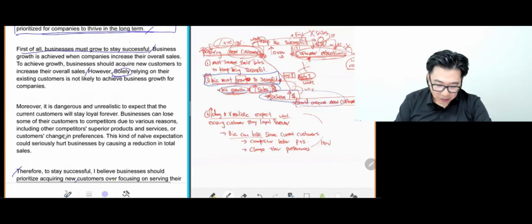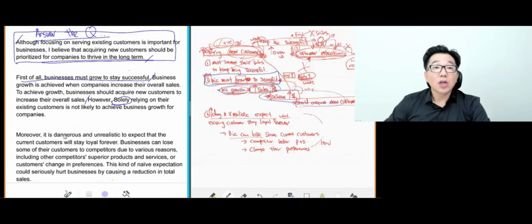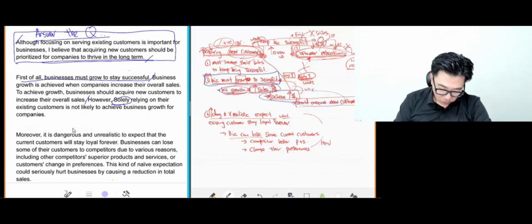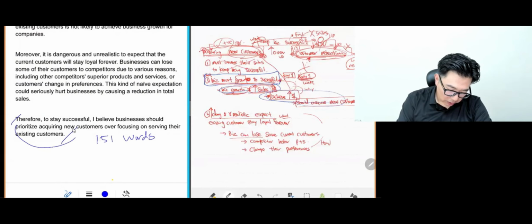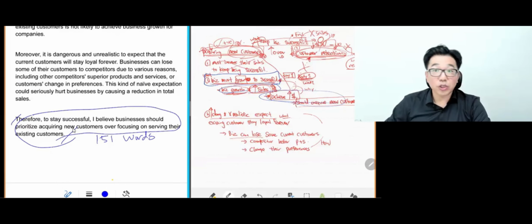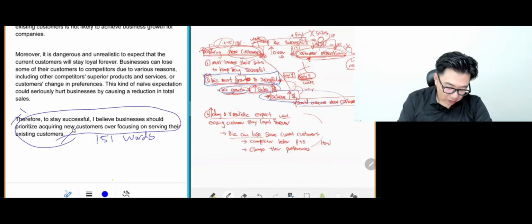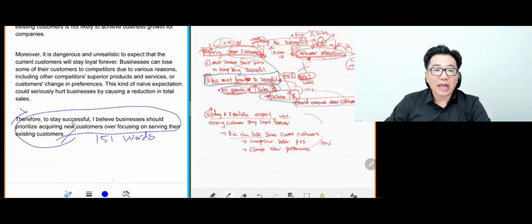So if you write something like this for this question, you will definitely get the perfect score, okay? And to tell you, this was exactly 151 words, including the conclusion sentence, which you can take out. It will not affect your final score, okay?